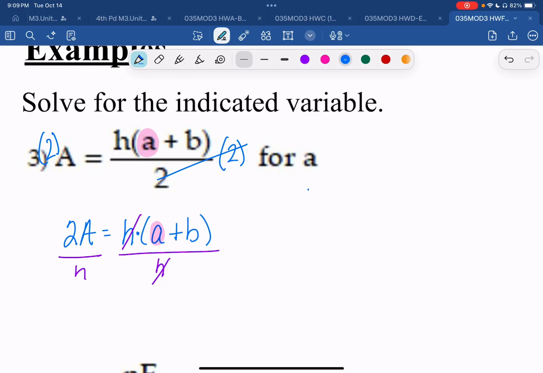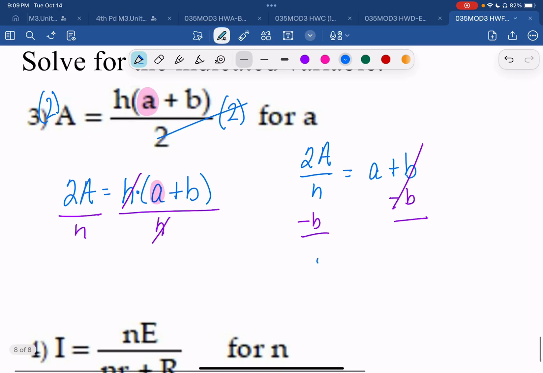So I've got 2A divided by H equals A plus B, and I can drop those parentheses now because I don't need them anymore. So now I can simply subtract B from both sides, and I've got A by itself. So this is 2A over H minus B is equal to A.